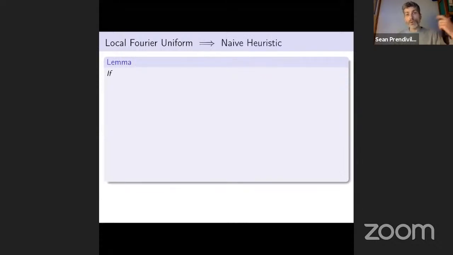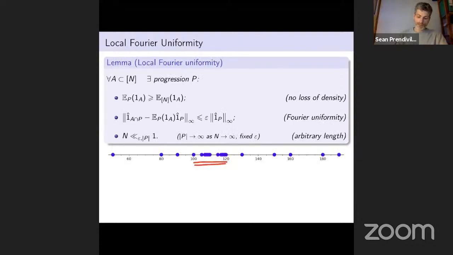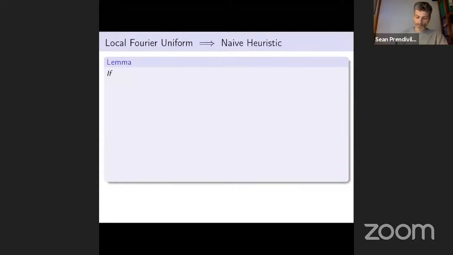Now, we showed that sets which are Fourier uniform satisfy the naive heuristic. We can asymptotically count solutions to an equation. The same is true for this local notion of Fourier uniformity, this weaker notion of Fourier uniformity that we met was guaranteed by this local Fourier uniformity lemma. So let's state that as a lemma. If you've got a subset of a progression, actually, this lemma doesn't need P to be a progression at all.